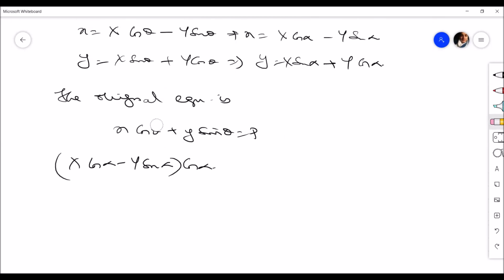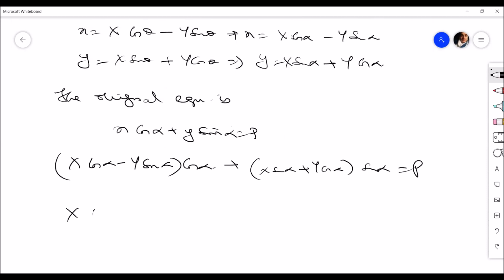This is alpha, as given in the question. It's basically alpha. Plus y is nothing but X sin alpha plus Y cos alpha into sin alpha is equal to p, right?